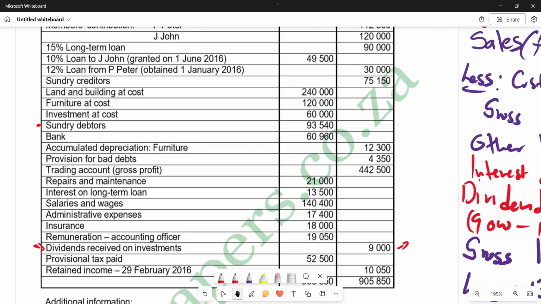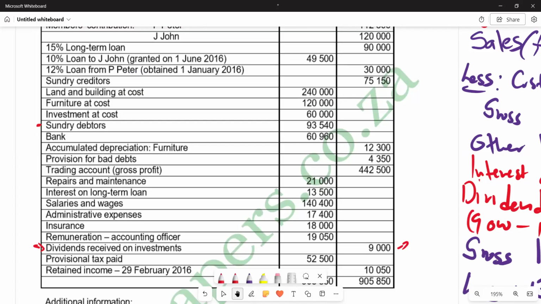But if you go to the additional information, remember, you would have gone through the additional information, so you'll be knowing each and every component of it. If you come to this point, it says provide the following, you're given South African normal tax 108,300. So this is going to be your tax for the period.